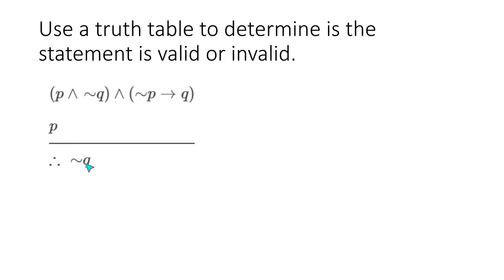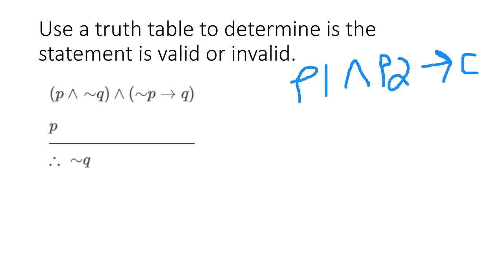Remember, when you're trying to determine if it's valid or not, you want to write premise 1, and premise 2, and then your conclusion. And we're going to write that into a truth table.